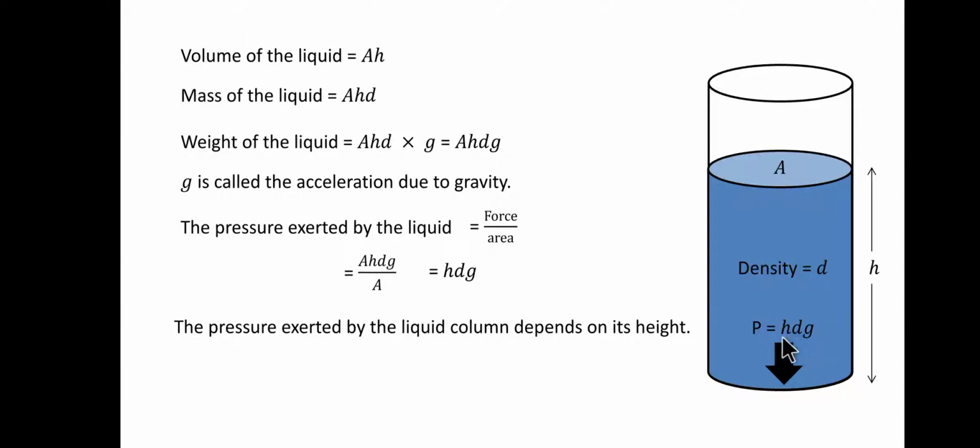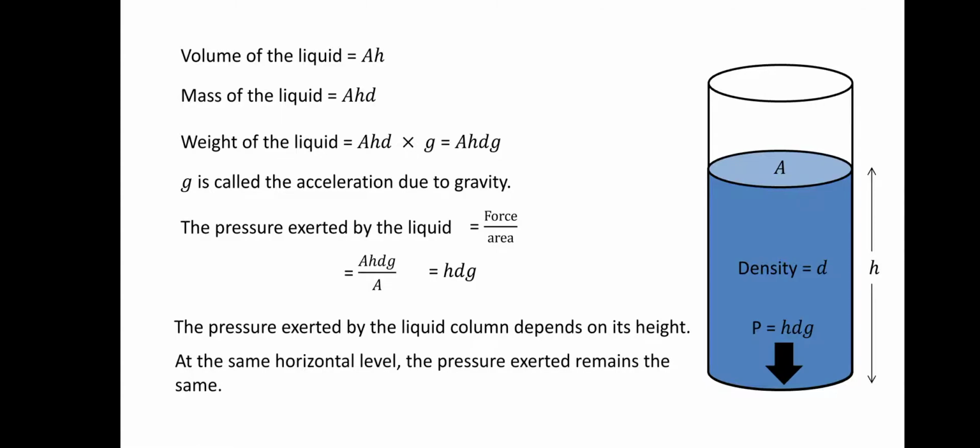If it depends on the height, then at a particular level, let's say at this point where the height of the liquid column remains the same, at that particular level the pressure exerted by the liquid remains the same. So a liquid also exerts pressure equally in all directions.